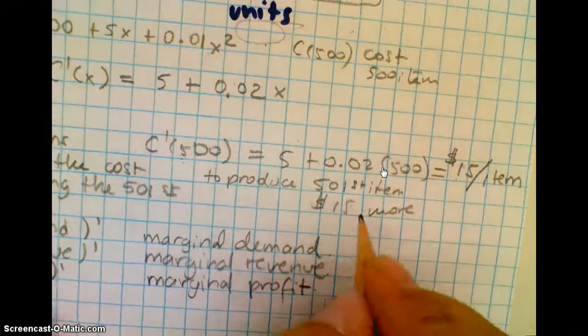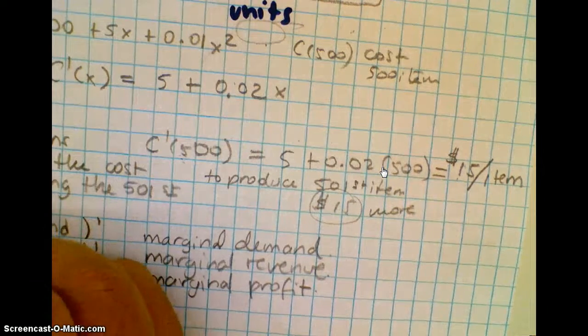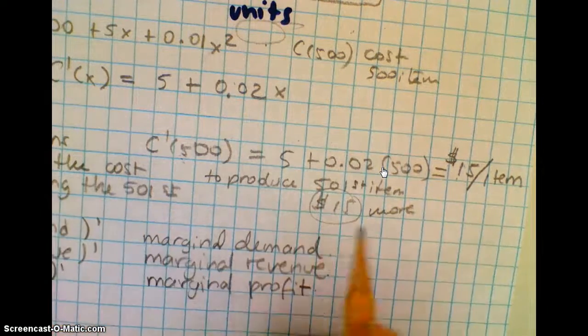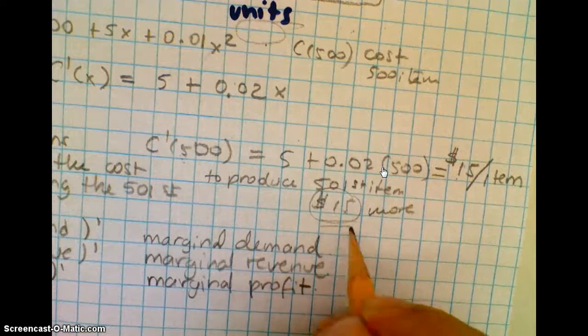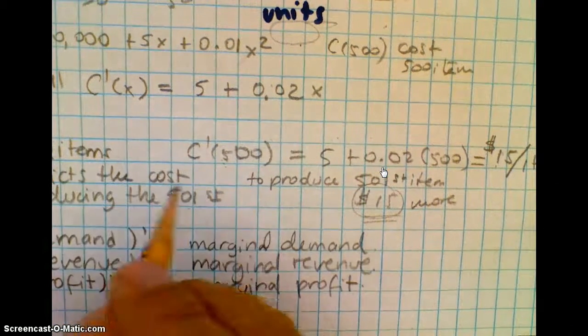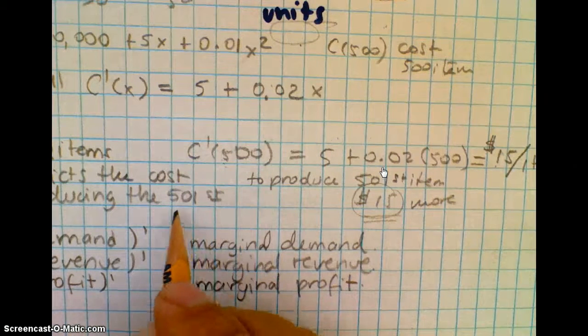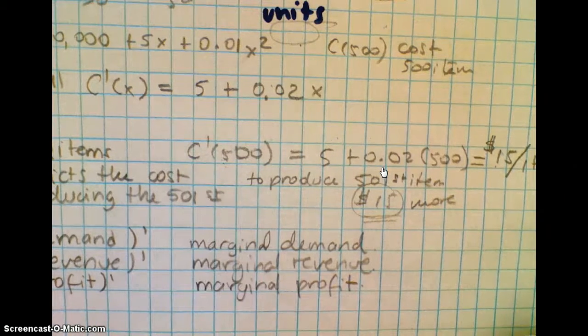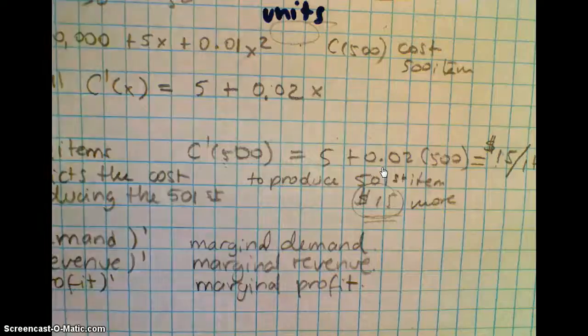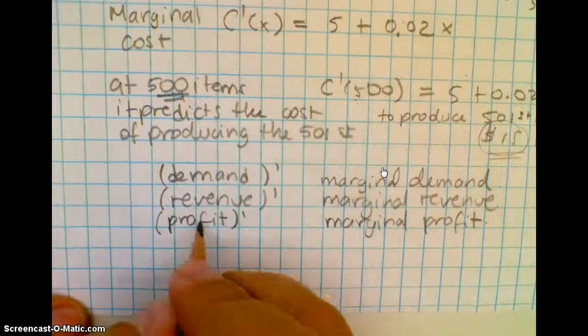And it may be the same for other numbers of items, but if I were to do this for 1,000 items, this marginal cost may be less. It may cost less to make a unit after you make 1,000 compared to making an extra unit after you make only 500. So the applications are many.